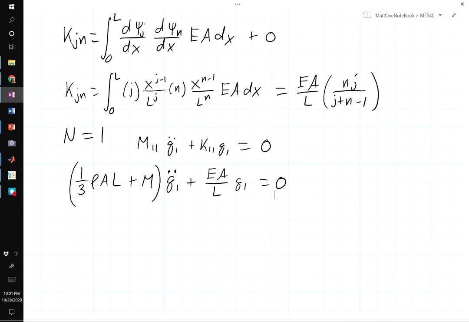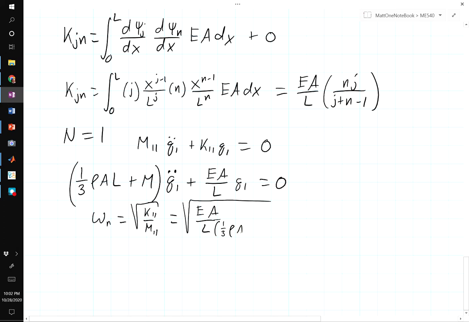Because it's 1 degree of freedom, we can immediately solve for the natural frequency. So the natural frequency is the square root of k11 over m11, or the square root of EA over L, and in the denominator we have 1/3 rho AL plus m.